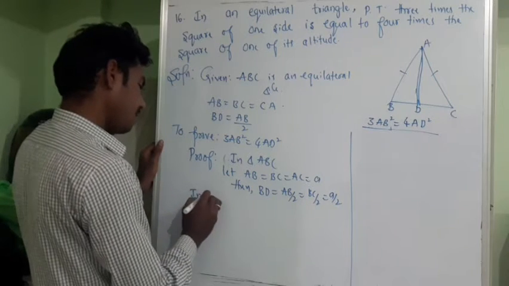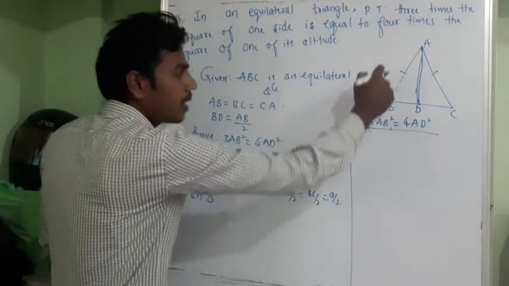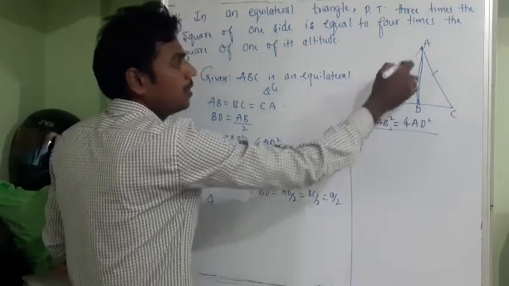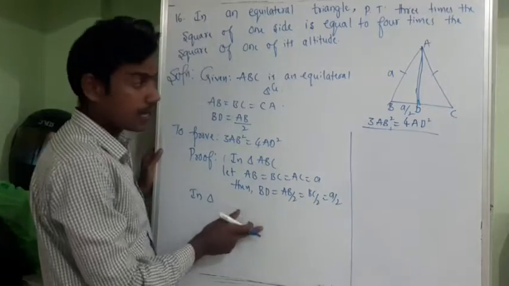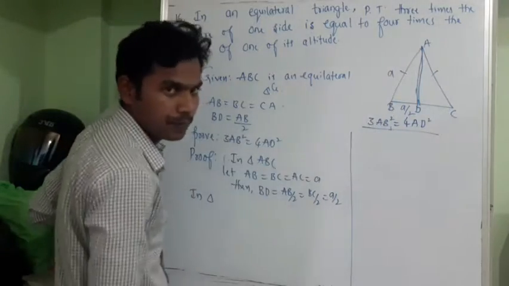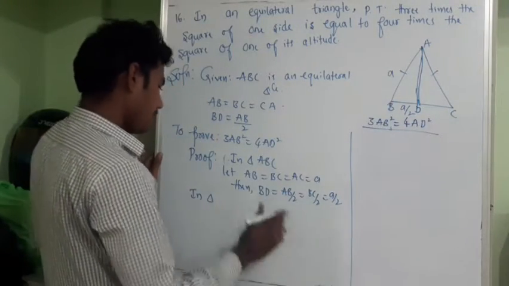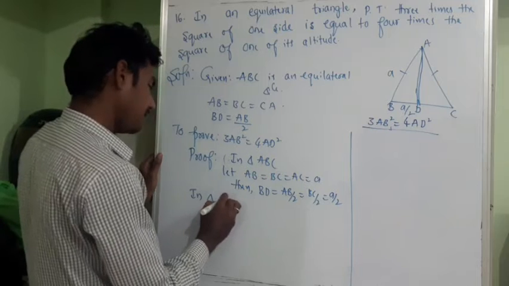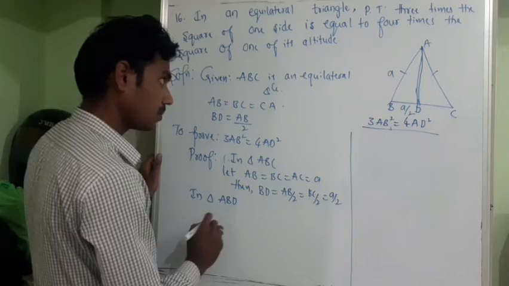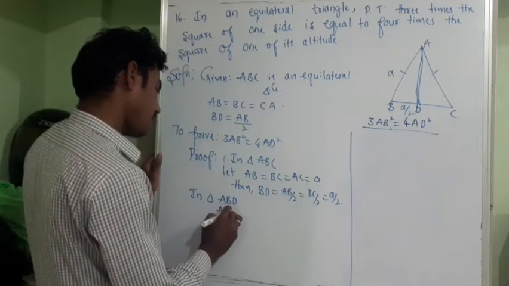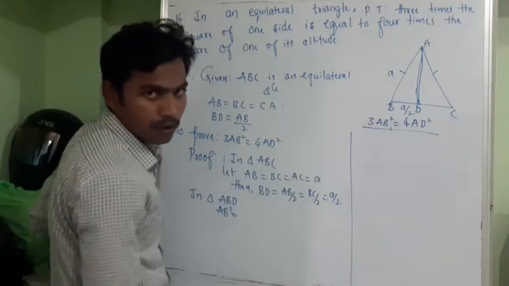Now consider this triangle. I need to show the relation. From this data, this will be A, this will be A by 2. So in triangle ABD, angle D will be equal to 90 degrees.